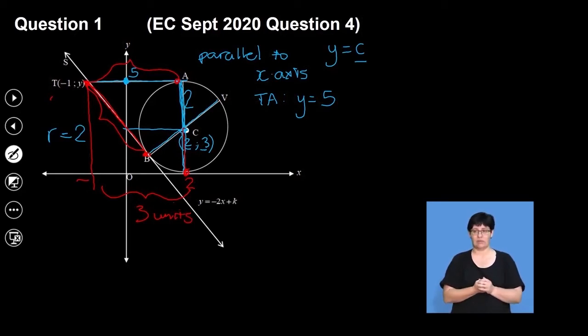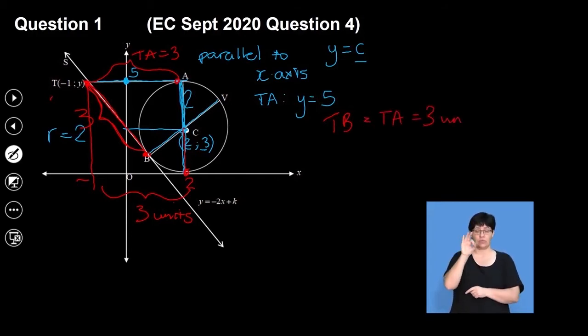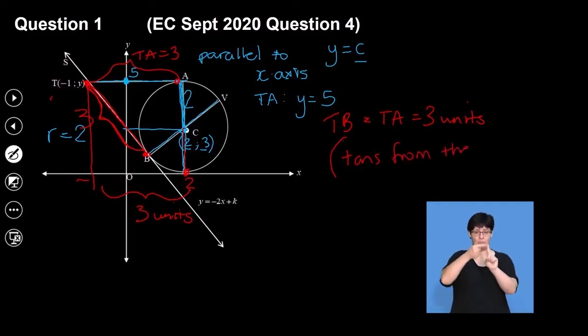So if this line TA is equal to 3 units, then this line TB must also be equal to 3 units. So TB is equal to TA, which is equal to 3 units. And our reason is that they are tangents from the same point, that point being point T.